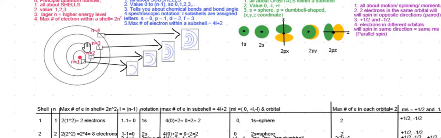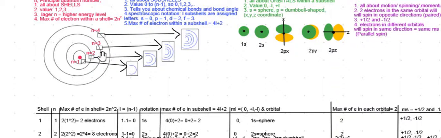When n is equal to 2, L will be 0, 1. ML will be 0, plus 1, minus 1. And MS will have plus half, minus half for each orbital. The letters assigned will be S and P, and since P has 3 orbitals, you would have 2px, 2py, 2pz.